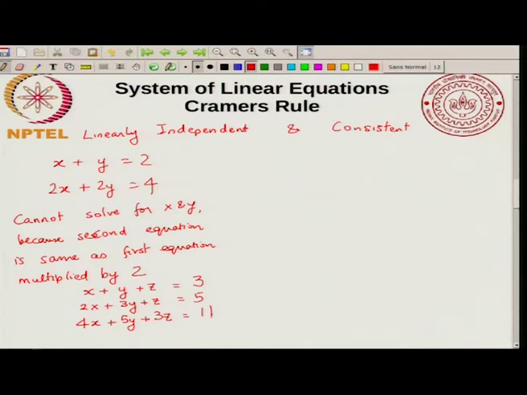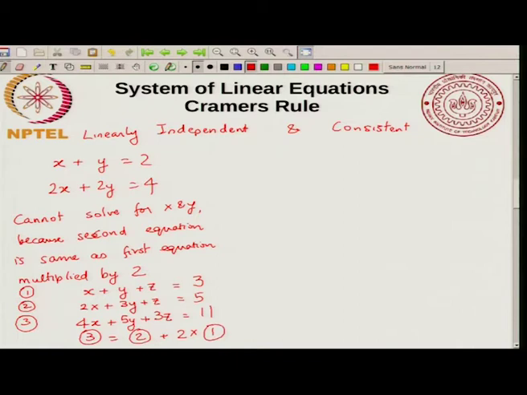Okay, now I have three equations and three unknowns, but notice that if I call these 1, 2 and 3, we notice that 3 equals 2 plus 2 times 1.